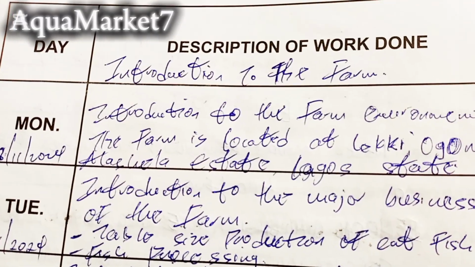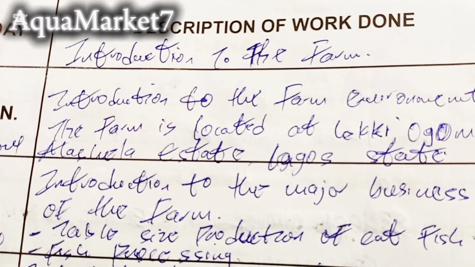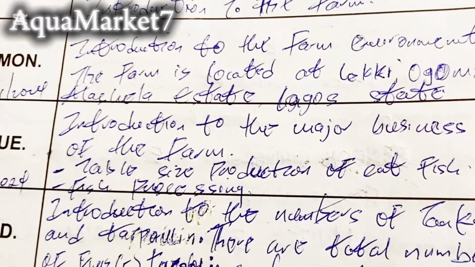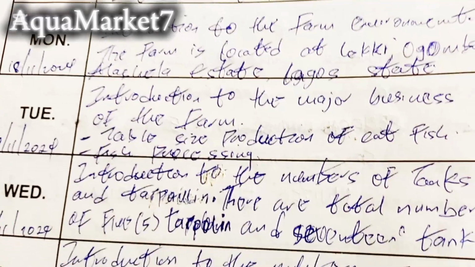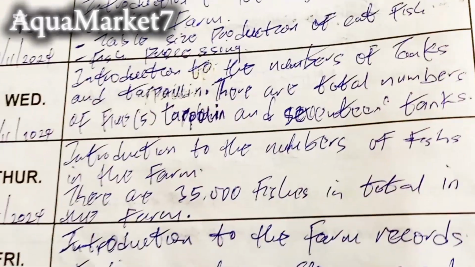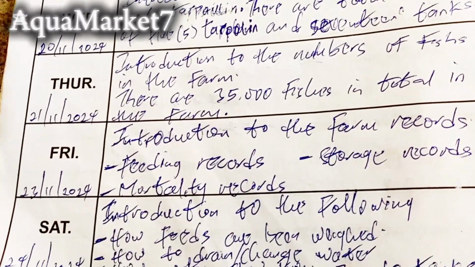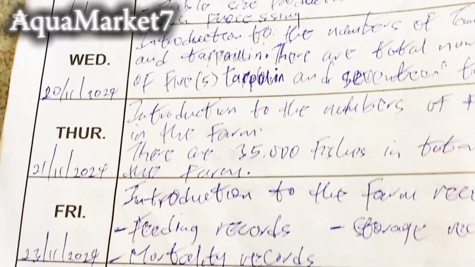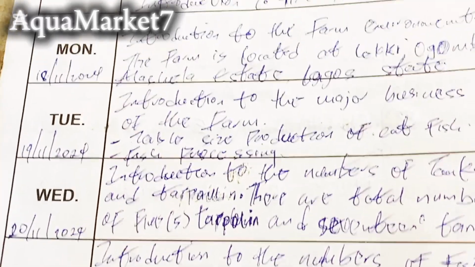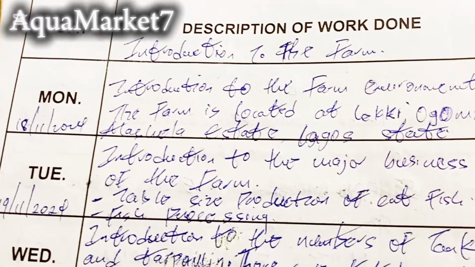Number 1, the name of the company, the firm, the organization where you are doing your IT. Number 2, the location of the firm, and the type of industry of the place you are doing your IT, the related industry.